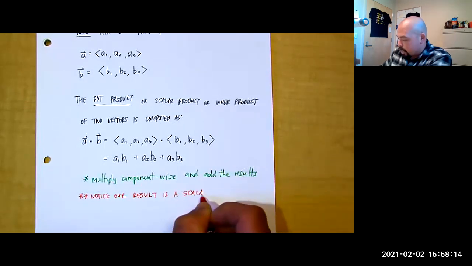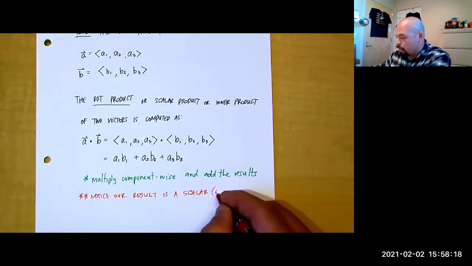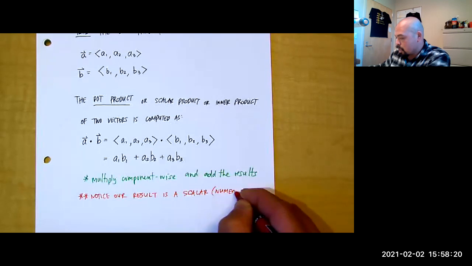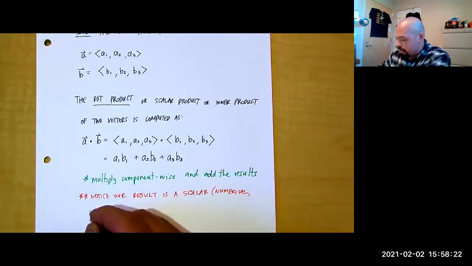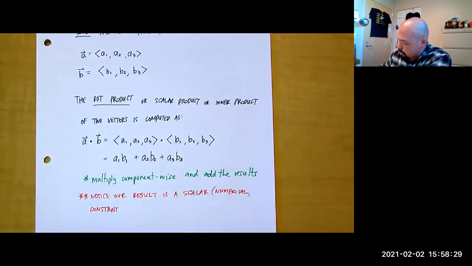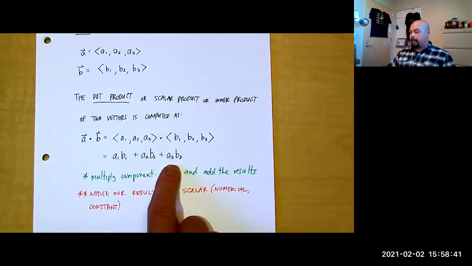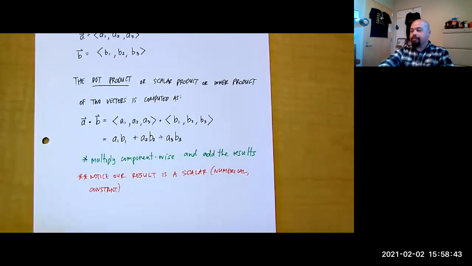Hence a scalar product is a scalar, just a numerical constant, a value. Hence scalar product, because once we compute it, we just get a number out of it.